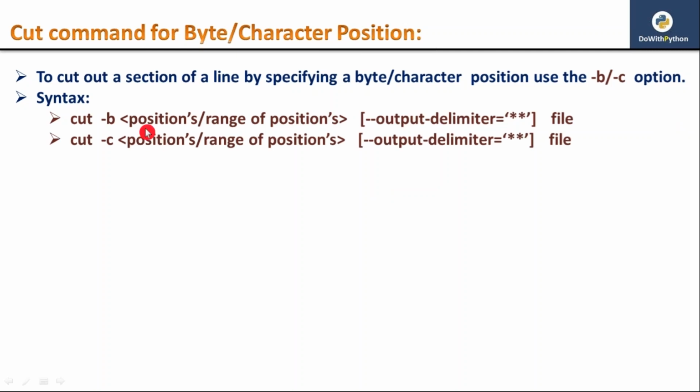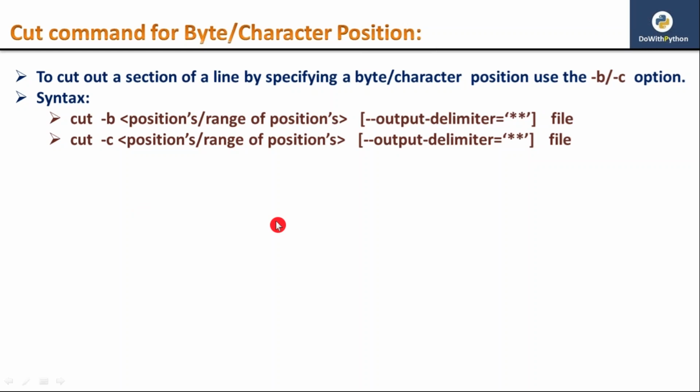First, we use -b or -c in order to select values either based on bytes or based on characters. Then there are positions or range of positions. As of now, this is optional, guys; we will see it at the end. As of now, just assume positions or range of positions.